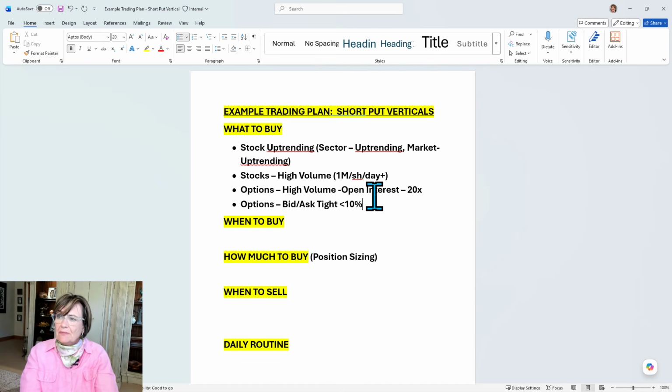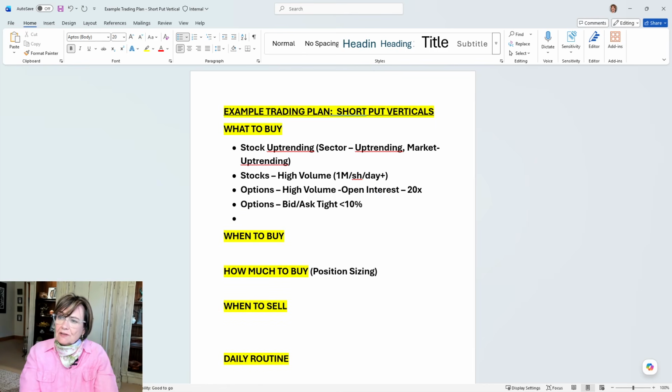So we want the bid-ask spread to be less than 10%. We might also say we'd like the delta, and on the put side, that's going to be a negative number, to be in that 20 to 40 range.